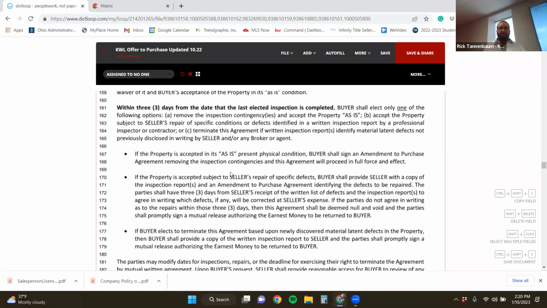And then the last option is that you can terminate the agreement if the written report identifies any material latent defects not previously disclosed in writing by the seller and or any broker or agent. So we found mold in the attic. I don't want to ask you to clean it. I just don't want to buy this house.